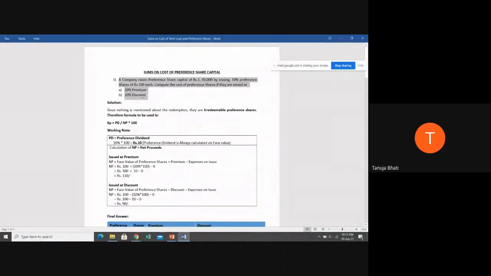What is the formula for calculating cost of irredeemable preference shares? It is preference dividend divided by the net proceeds that you are getting out of issuing the preference shares, into 100.